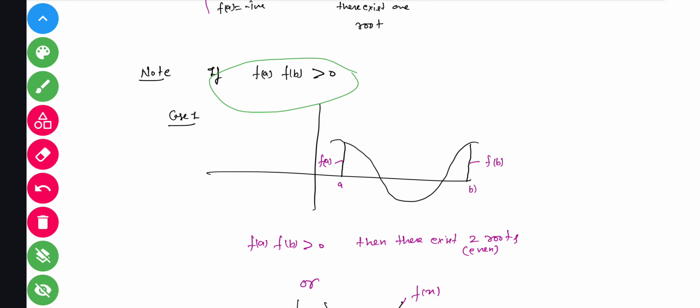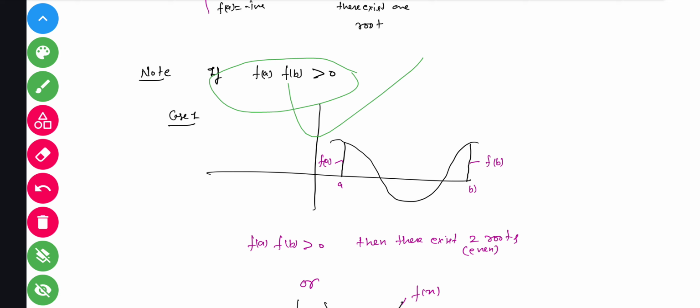The condition for the IVT theorem is that the multiplication of two functional values at some points should be less than 0. If that occurs, then we can say that there are an odd number of roots present in that interval. But here f(a) times f(b) is greater than 0.